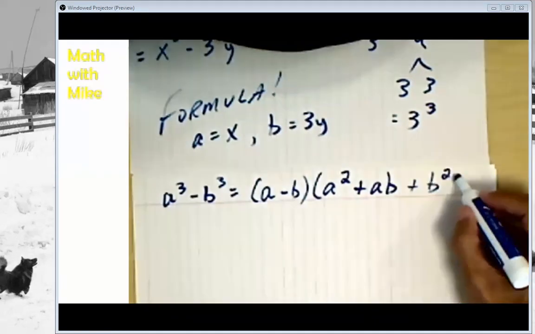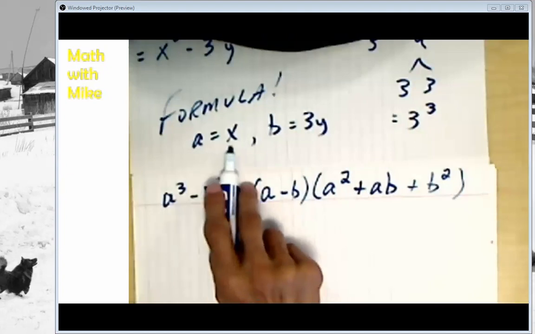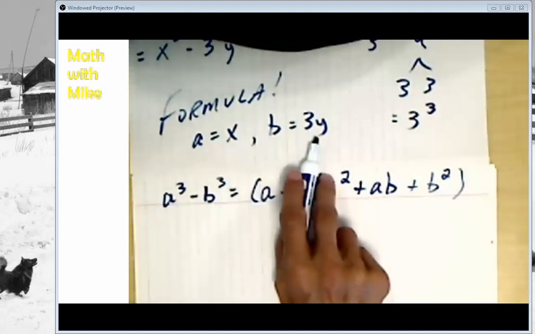They struggled and got it right, which is good. Good to see. Okay, and so from what we did earlier, X is going to replace A, and 3Y is going to replace B.